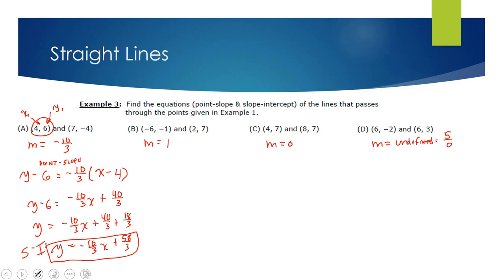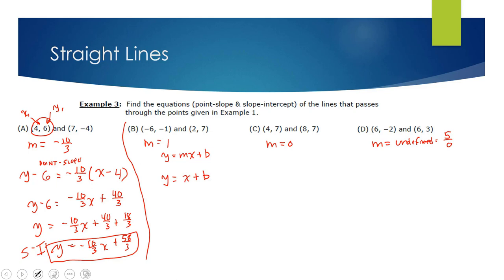Okay. Now, for B, I'm going to show how to do it starting with just y equals mx plus b. Basically, it's a different handling. Whereas I mostly plug numbers in to get point-slope and then just manipulate it, here, if I want to find it in slope-intercept form, I know that m is 1. And usually if I have a coefficient of 1, I don't write the 1.